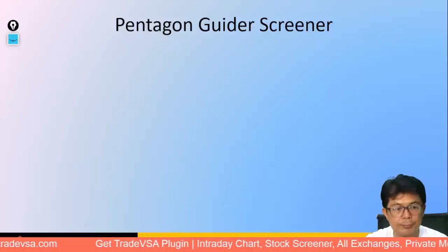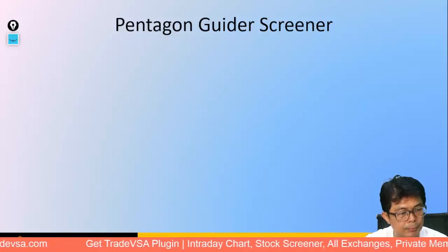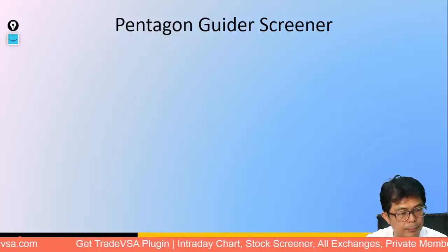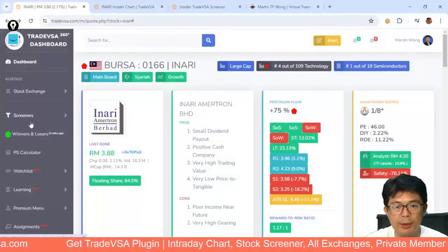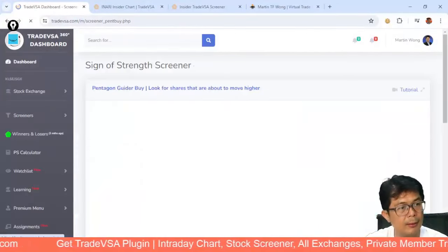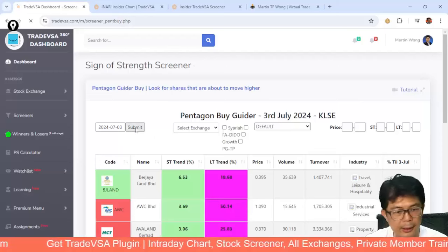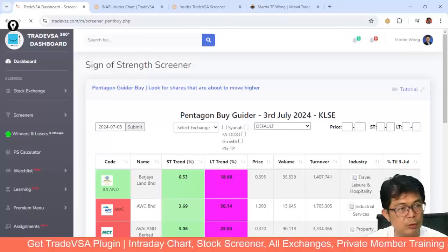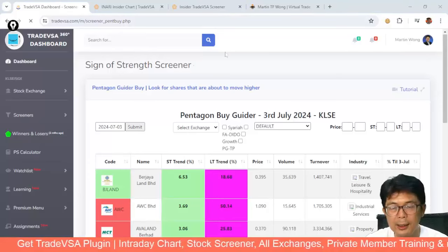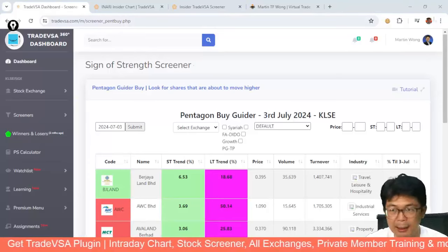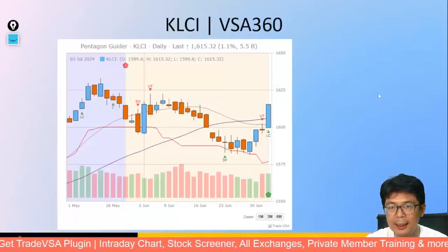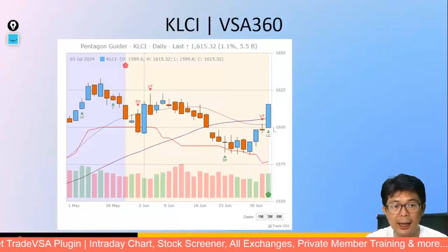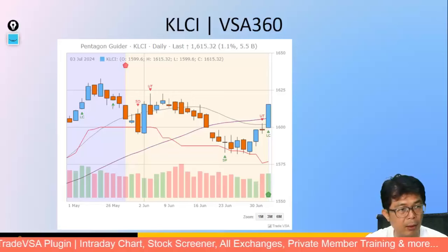Okay, and so I'll bring up the VSA screener. Okay, yep, we have some stocks for tonight, which is for tomorrow's trading. Now keep in mind, let me just go on to the next slide here. You can see the KLCI has already turned green pentagon.